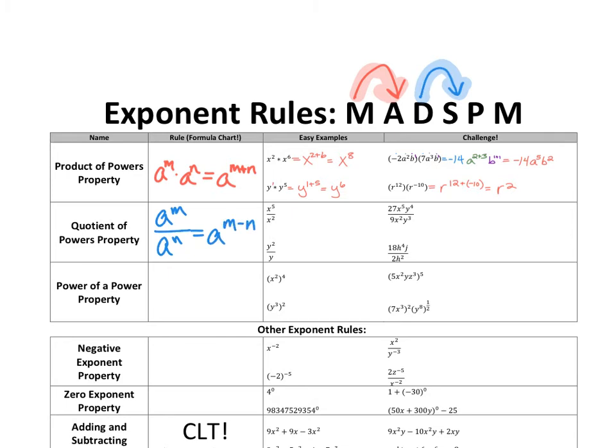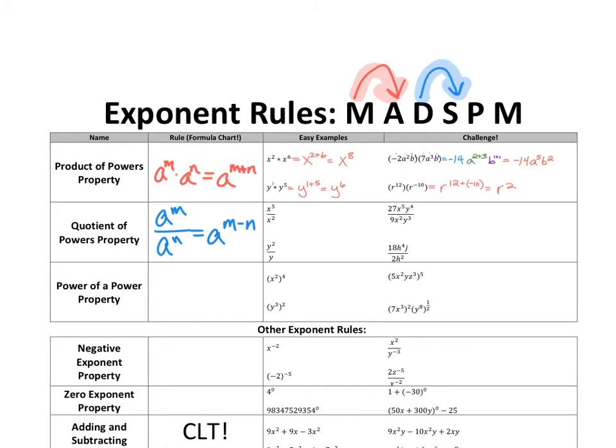Now notice they are subtracting top minus bottom. That's important, but it makes sense to go top minus bottom, so I don't think you would choose any other way. Always top minus bottom. That is number 4 on your formula chart, the quotient of powers property.